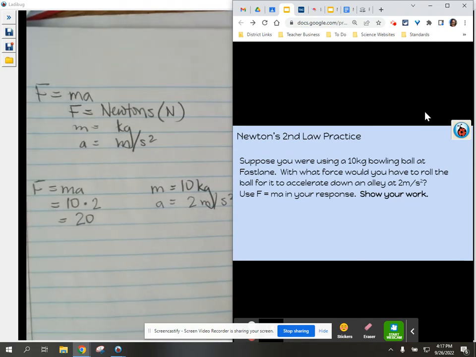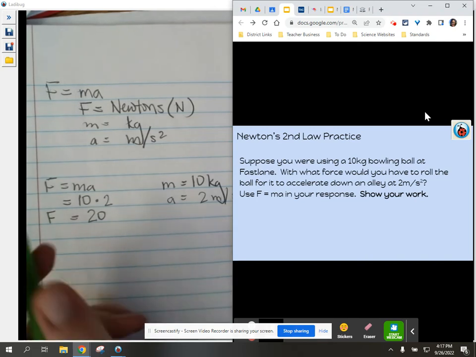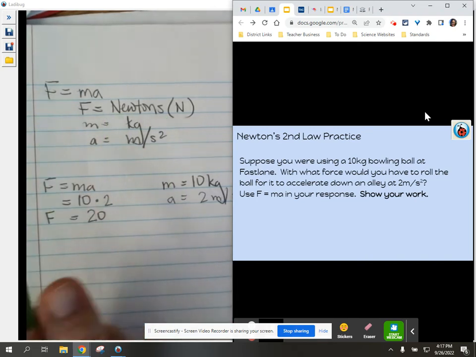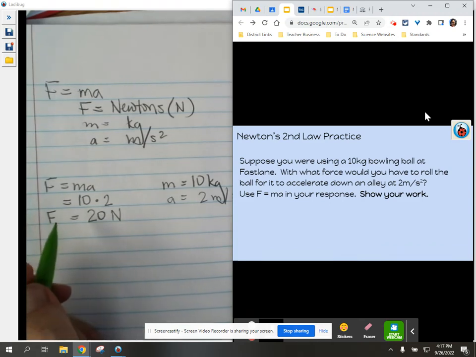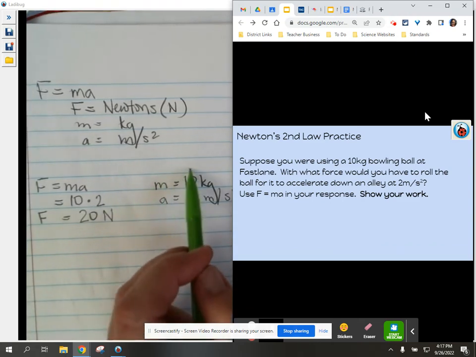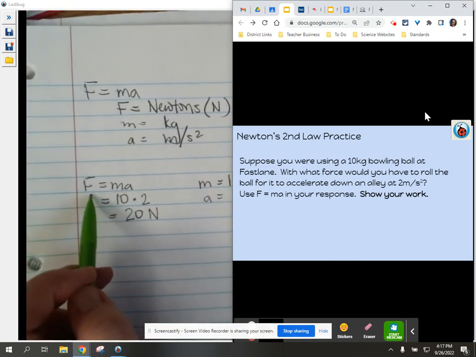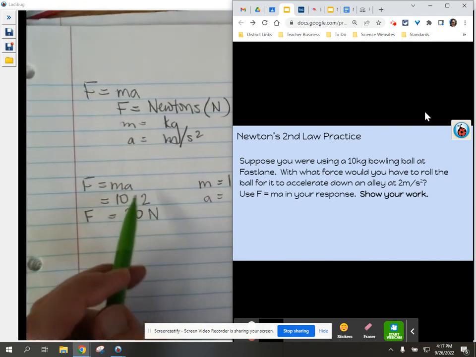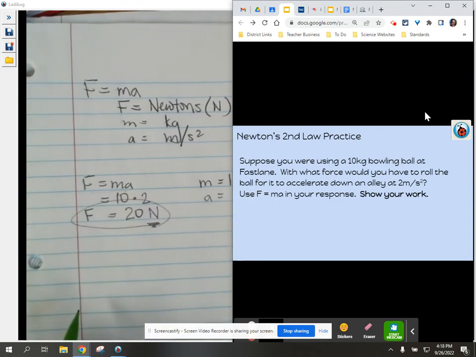Now, 20 what? What is the unit? Well, we're finding force, and we know that force always has a unit of newtons. Okay, so this should all be here. You are showing what you know from the problem. You're writing the equation, showing your work, and then showing your answer, including units.